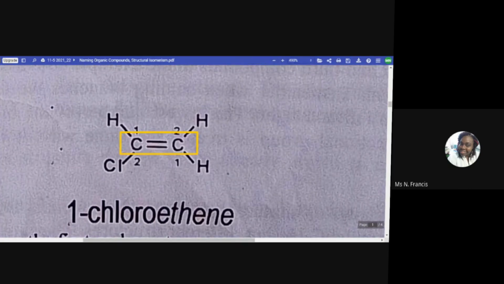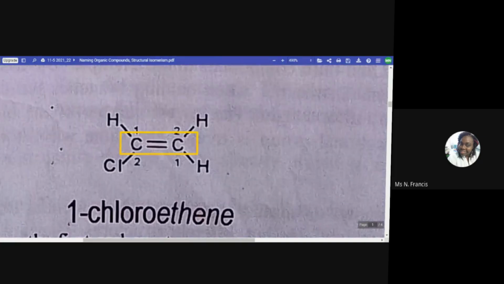Now, apart from it just having 2 carbon atoms, something else should jump out at you. You're going to notice that it has a double bond between the pair of carbon atoms. Right away, I can say it's not an alkane anymore because alkanes don't possess a double bond.